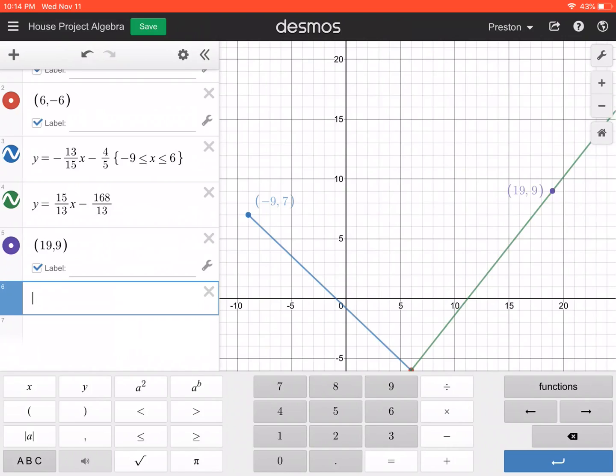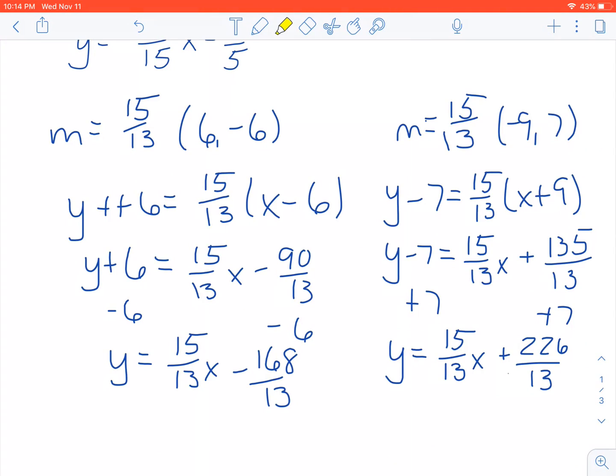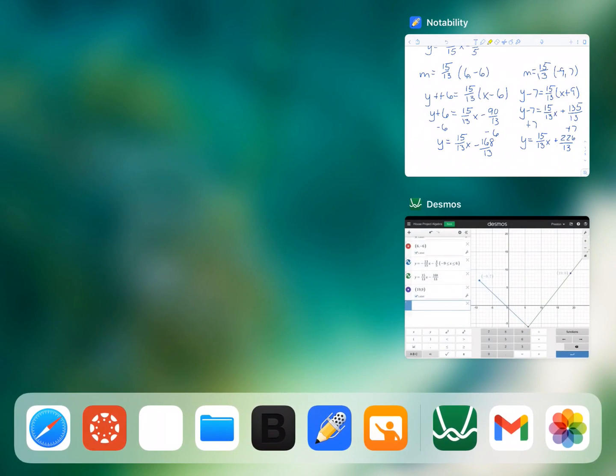Now I need to make the wall that goes through the point -9, 7. So my slope on that one is going to be 15/13, and it goes to the point -9, 7. I have a point and slope. I put it in point slope form, and I get y equals 15/13 x plus 2 26/13.